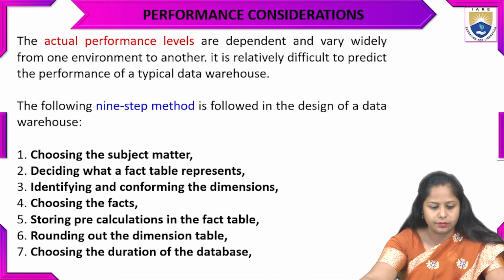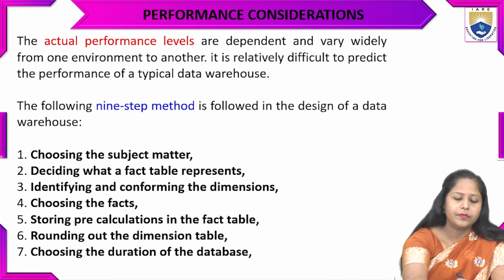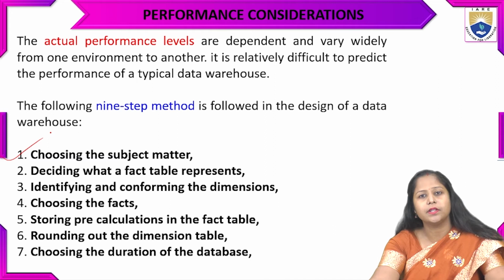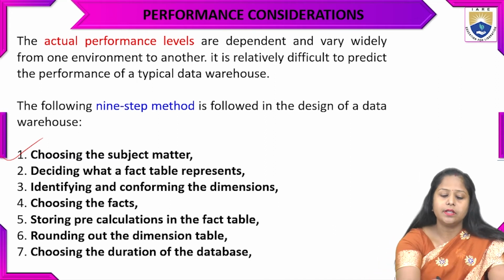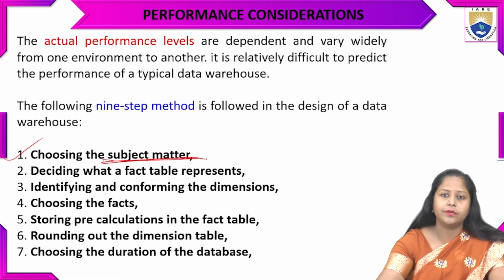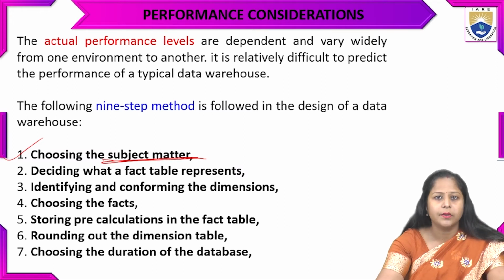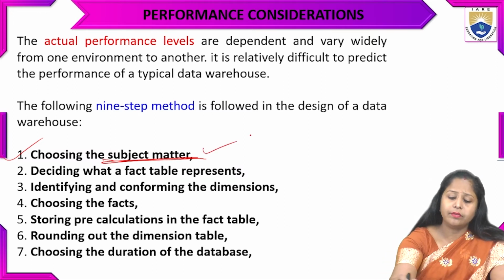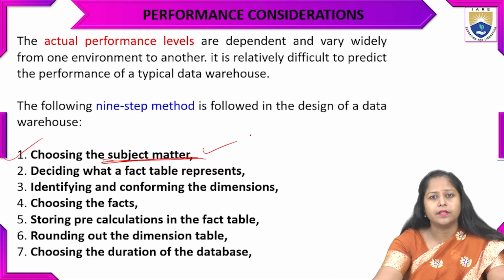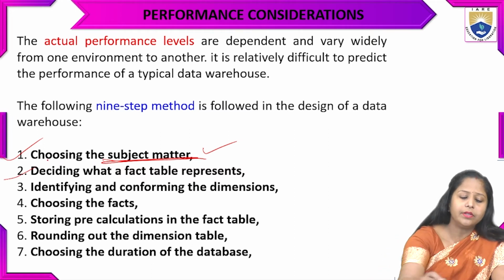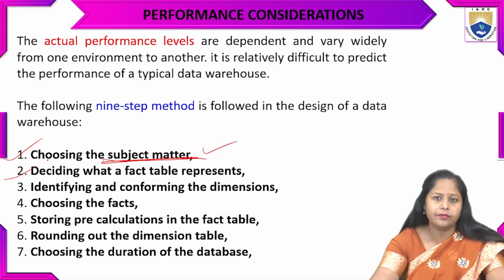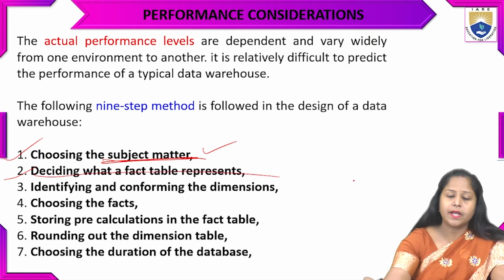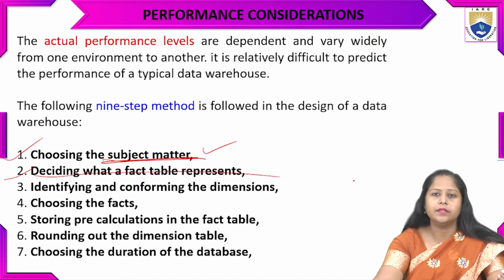So the first step is choosing the subject matter, choosing the different domain knowledge, the different areas of matter. That is very important while we are going to design a data warehouse. Second, we have to decide what the fact table represents. We have to decide what the fact table means for that particular data warehouse.